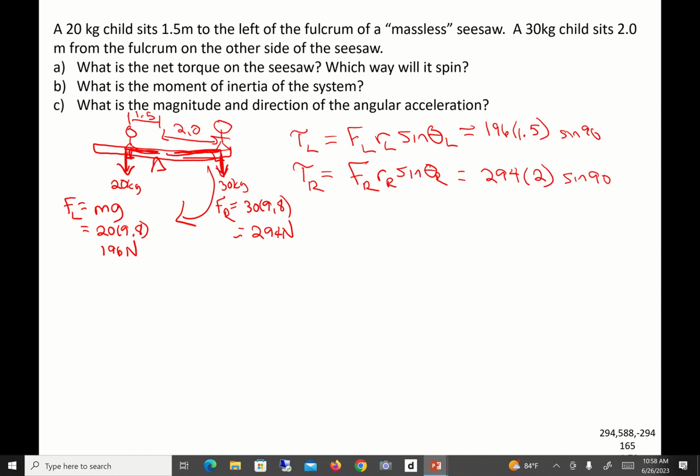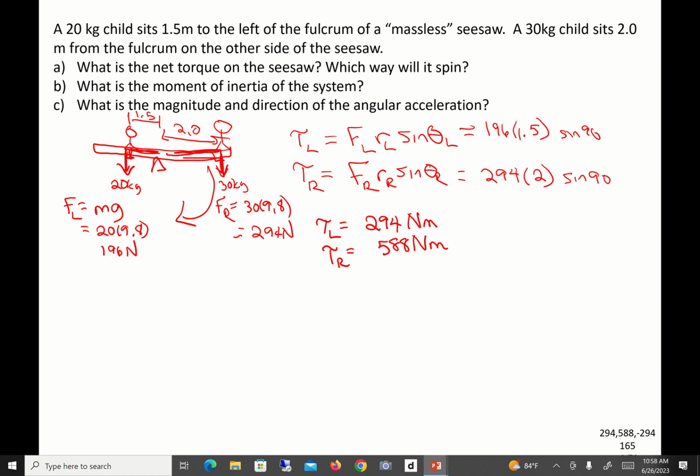And sine of 90 is 1. If I put that into my calculator, I get the torque on the left is 294 newton meters. The torque on the right is 588 newton meters. Okay, so I've got my units, I've got my numbers.